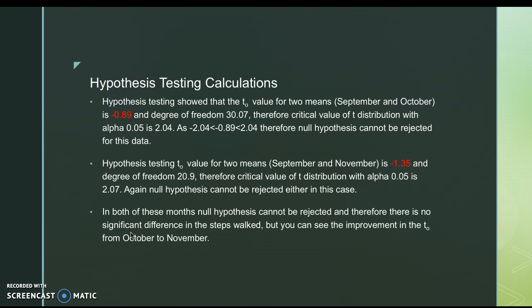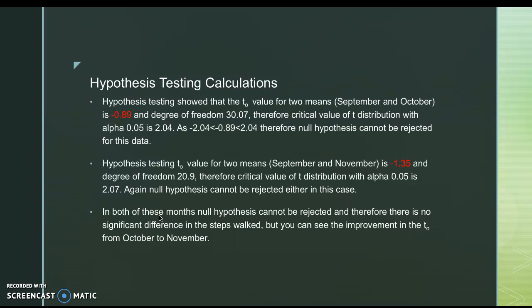So what were the results of my hypothesis testing? My hypothesis testing showed the t0 value for two means. First I compared September and October. The t0 value I calculated out of the data was negative 0.89, and the degree of freedom based off this data was 30.07.